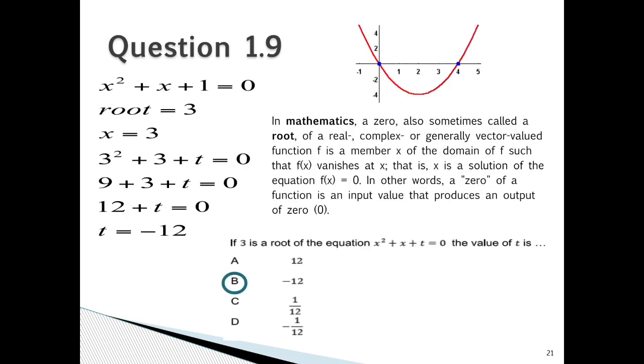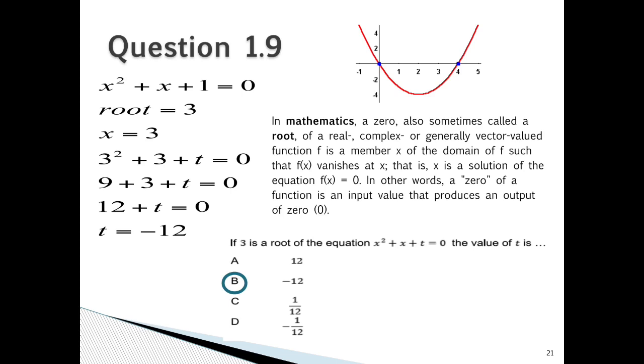In mathematics, a zero, also sometimes called a root of a real, complex, or generally vector-valued function f, is a member x of the domain of f such that f of x vanishes at x. That is, x is a solution of the equation f of x equal to 0. In other words, a zero of the function is an input value that produces an output of 0.